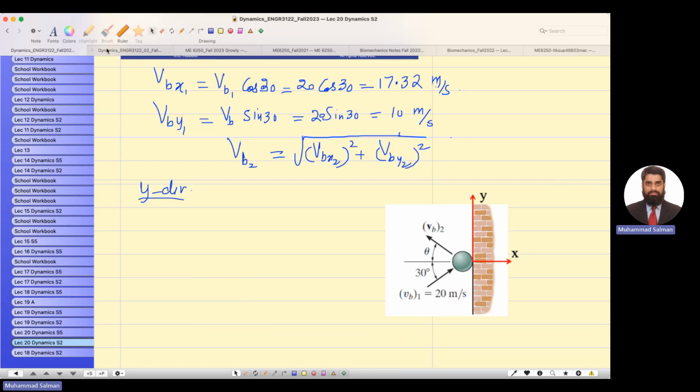In the y direction, m sub b VBy1 equals m sub b VBy2. You remember I told you the third and fourth equations are along the y direction for an individual particle. This is the momentum conservation along the y direction for an individual particle. You see my point? The wall is not moving at all, so don't worry about the wall.